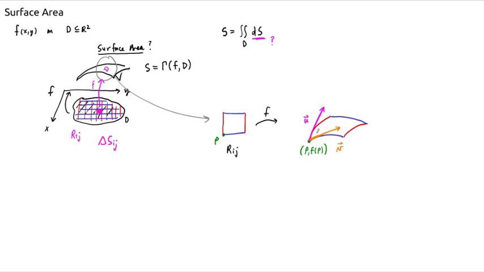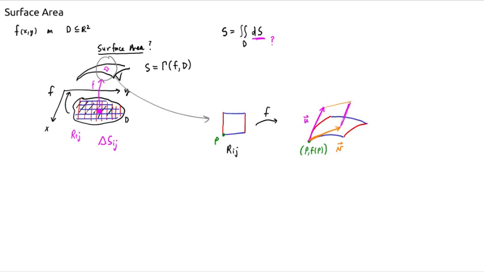And again, u is in the direction of the x-axis, v is in the direction of the y-axis, but these two vectors, if we think back to our study of vectors, will span a parallelogram in space. Everything's supposed to be parallel here, so you might have to modify my drawing.